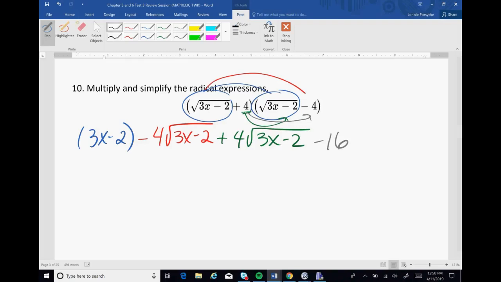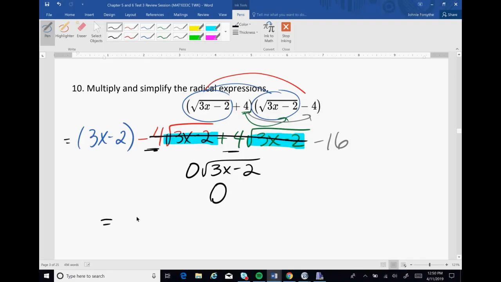So let's look at what's going on in the middle here. We have negative 4 root 3x minus 2 plus 4 root 3x minus 2. These are like radicals here, so just combine the outside. Negative 4 plus 4 is 0 times the square root of 3x minus 2. 0 times anything is 0, so basically these cancel out.